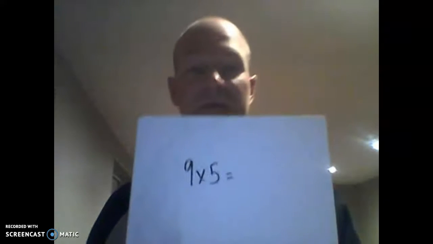So I'm going to go ahead and show you guys the trick that I have for counting by nines. Let me get my whiteboard here. What you can do with your kids is have them write the problem 9 times 5 equals. Have them write it just like this.